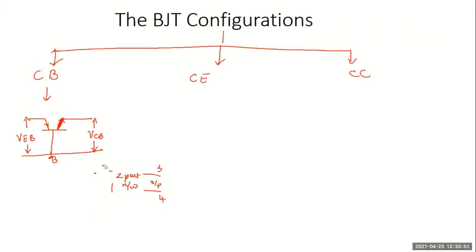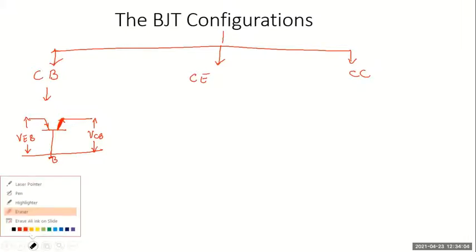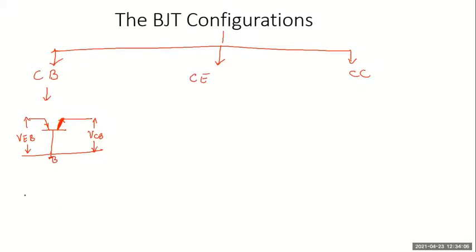A 2-port network requires 4 terminals to analyze the output given some specific input, but since transistors have only 3 terminals, we consider one as the common. So here base is common, input is given between emitter and base, and output is measured between collector and base.